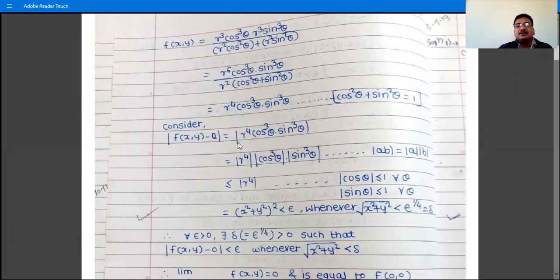Then take the separate mods, and we know that mod of a into b into c is mod a into mod b into mod c. Cos theta and sin theta are bounded functions: mod cos theta and mod sin theta are less than or equal to 1. Substitute the largest values as 1.